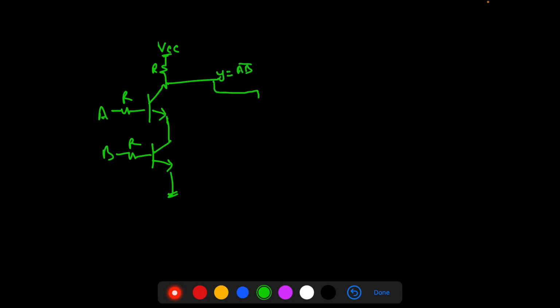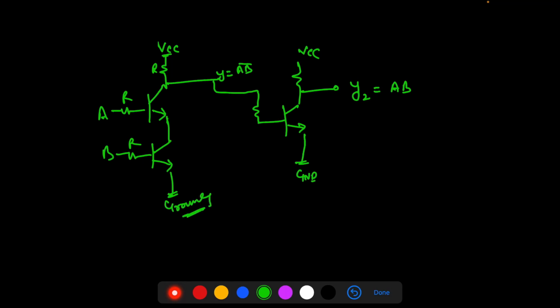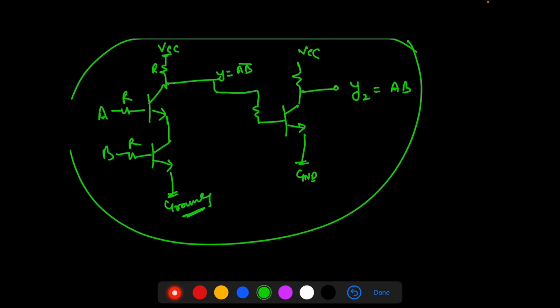If we give this input, this circuit is equal to the AND gate.